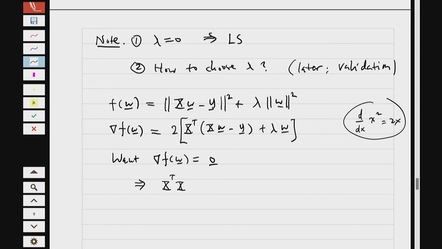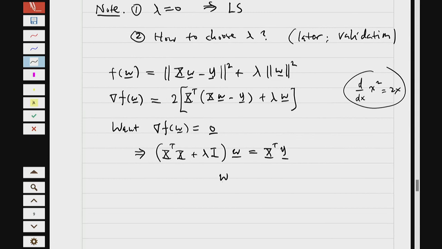I have to add the scalar times the identity matrix. Be very careful about that. If you just add lambda, it would have a very different meaning. This together, and then you have the w. The remaining term, X transpose times y, I'm going to put on the right hand side.